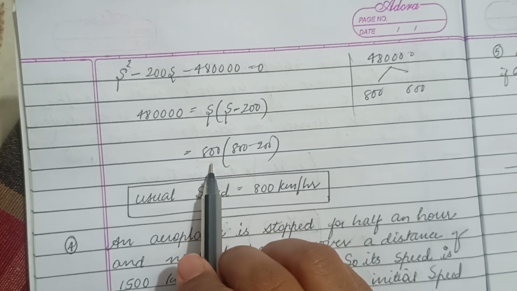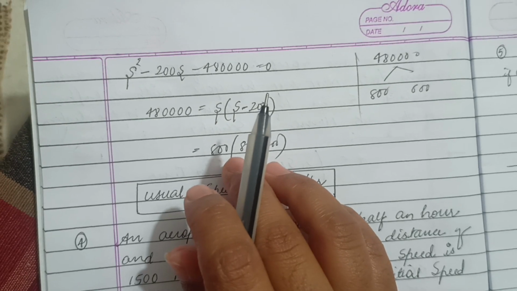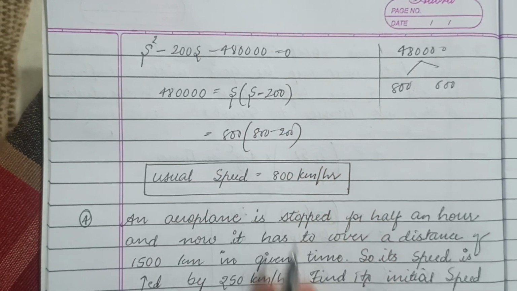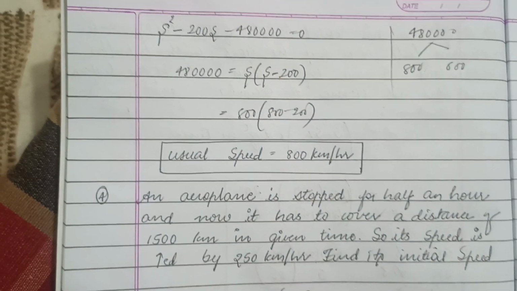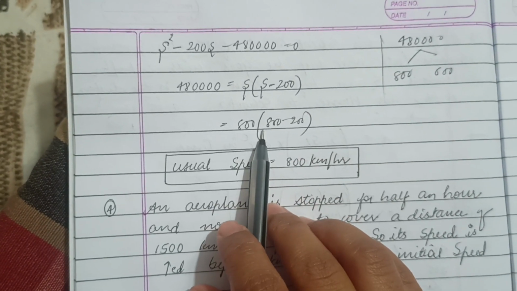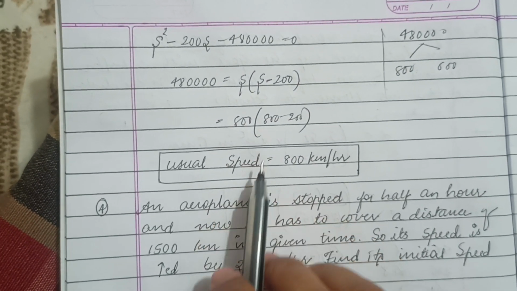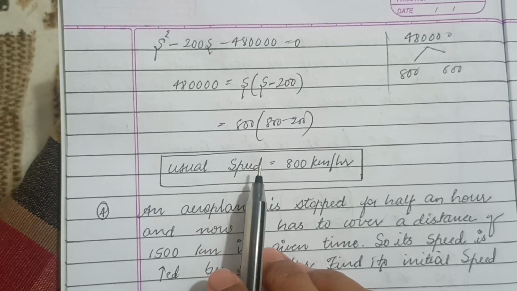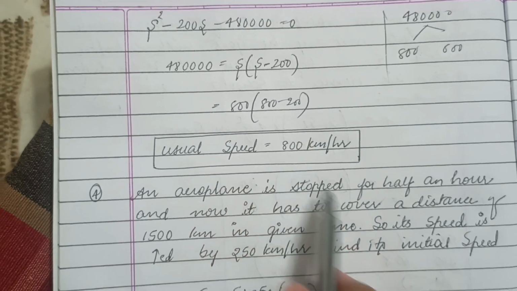Okay, so 8 6s are 48. Actually we can do the guesswork here also, and then also the answer will come. So instead of doing this traditional method, you can take the help of options. Okay, the usual speed of the aeroplane is 800 km per hour.